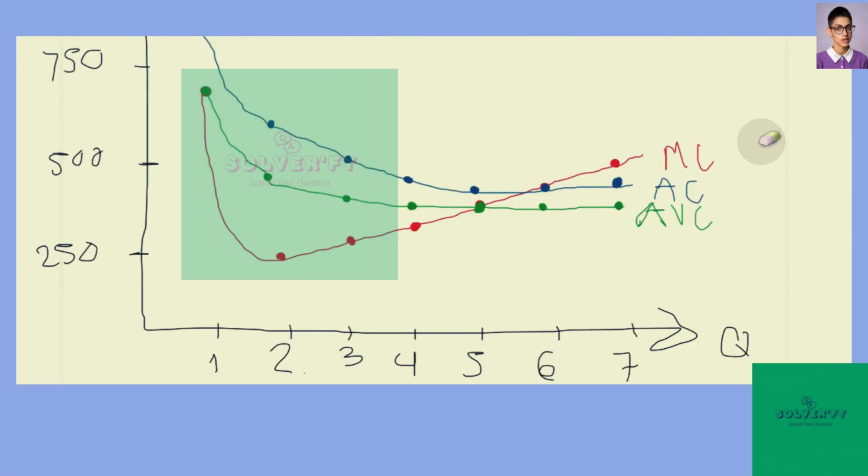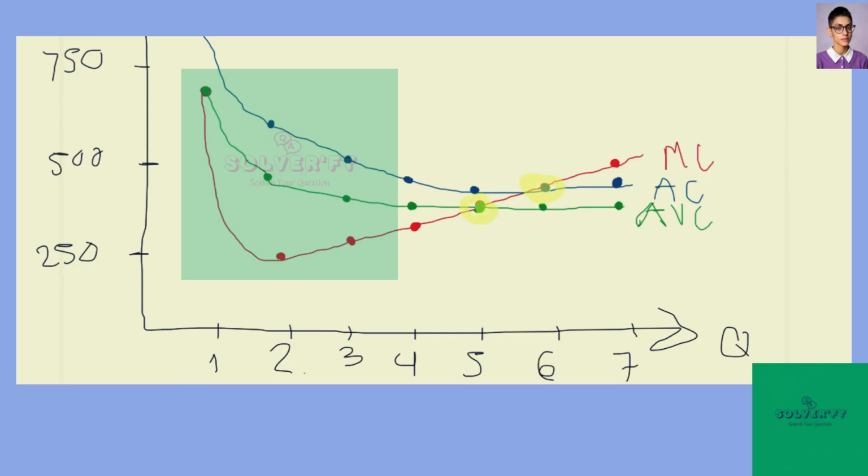Here I have sketched the marginal cost and average variable cost that we just calculated in the table previously. As we can see, the zero profit point is here at $450, and the shutdown point is here at $400.